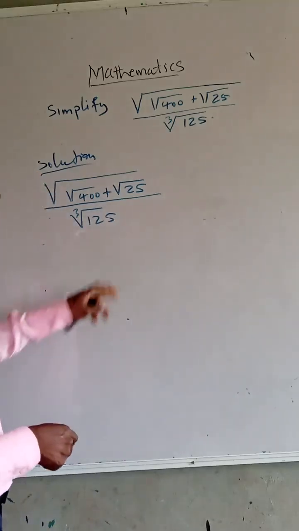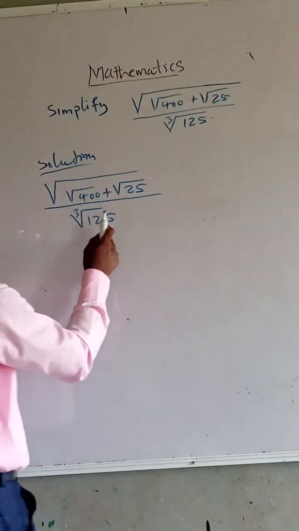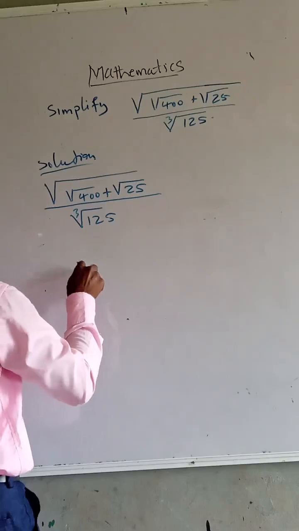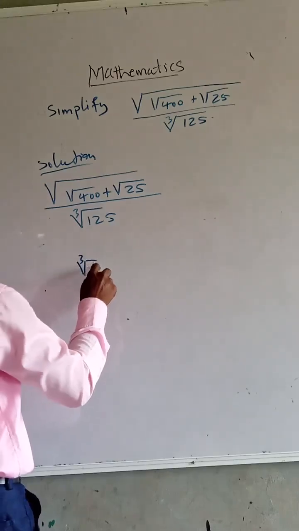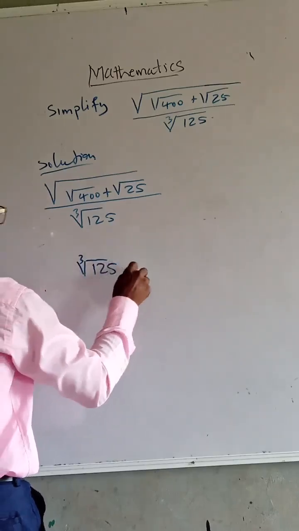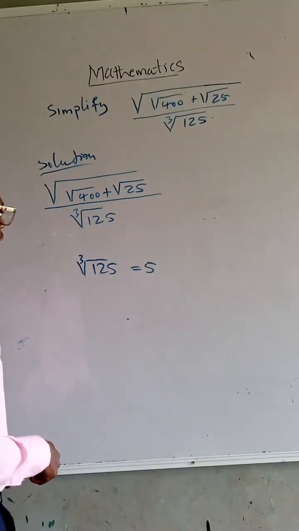Okay. Now there's something I want you to know, that for this one, for instance, the cube root, the answer is actually 5. And I will tell you how it's 5.